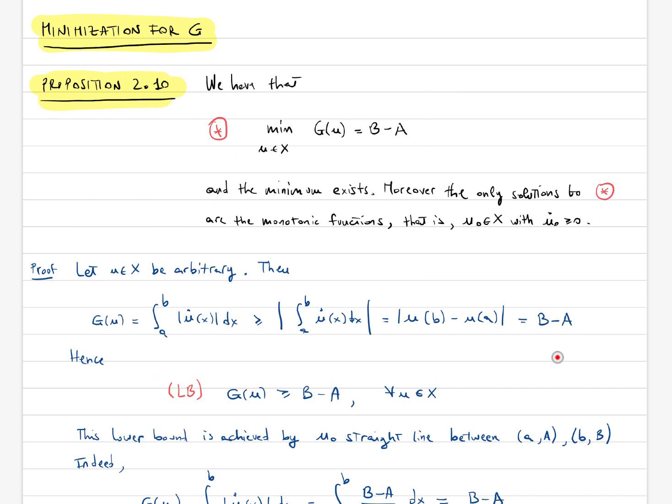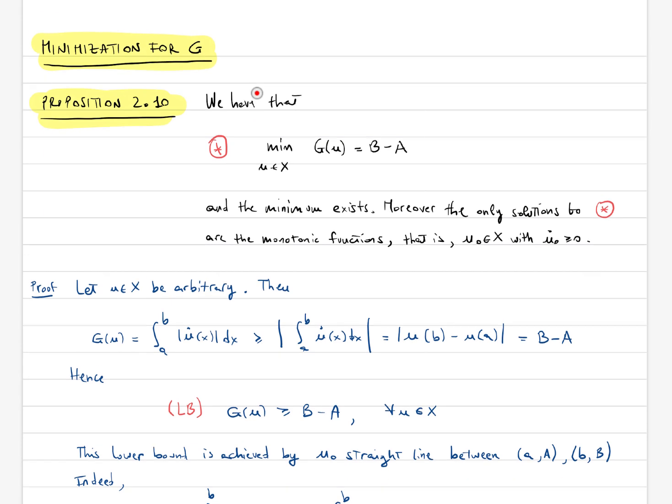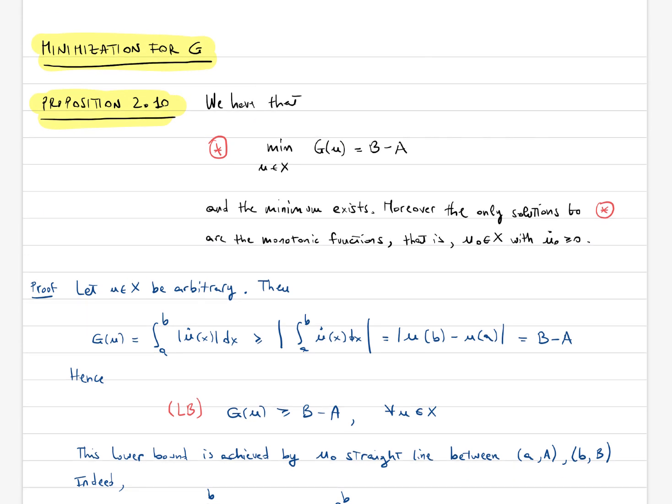Okay, so the situation for F was existence of a unique minimizer, and we were able to compute that explicitly. Now let's look into the functional G. The functional G, let me remind you, is the integral of the absolute value of u dot.